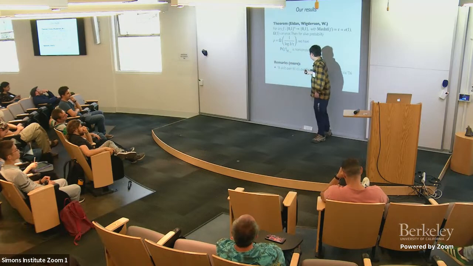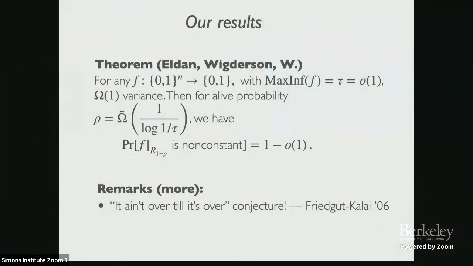As I said, for example, if you consider the tribes function, to get a constant function you need the allowed probability to be order of 1 over log n. And here, what we get is log log n over log n. So in between, we don't know how to analyze.